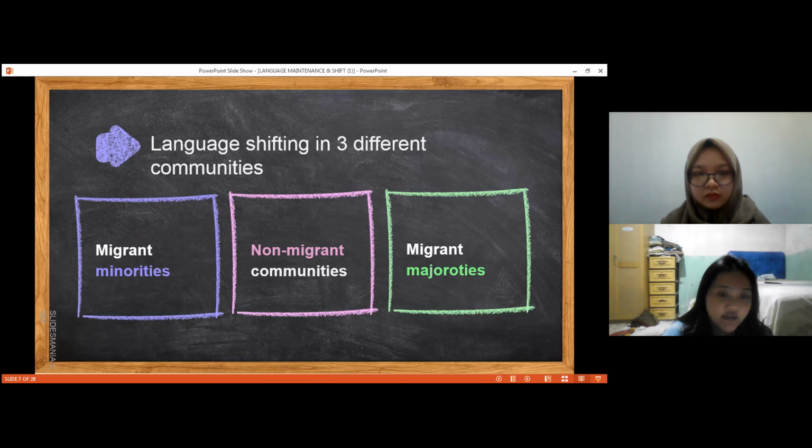Third one is migrant majorities. For example, Tamati lives in Wanganui, a large New Zealand town. He is 10 years old and he speaks and understands only English. Though he knows a few Maori phrases, none of his mates know any Maori either. His grandparents speak Maori.